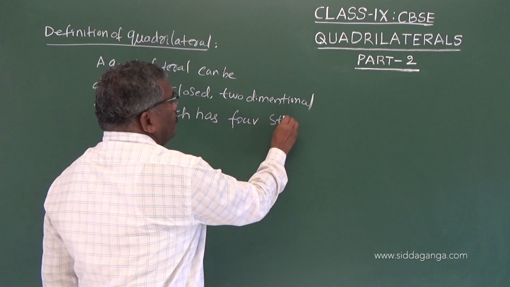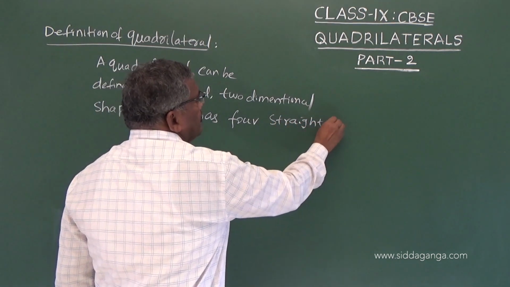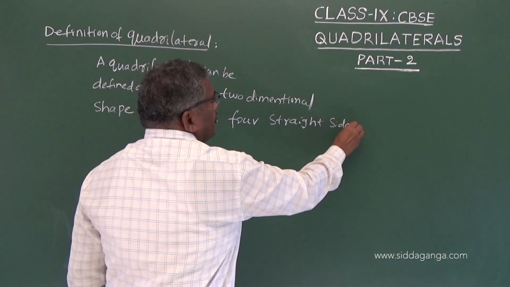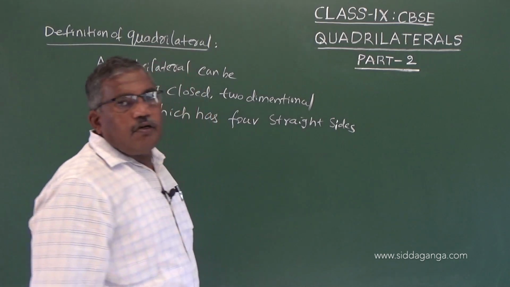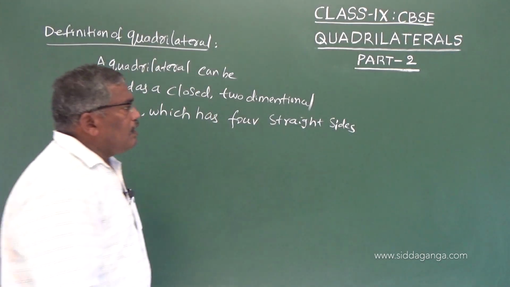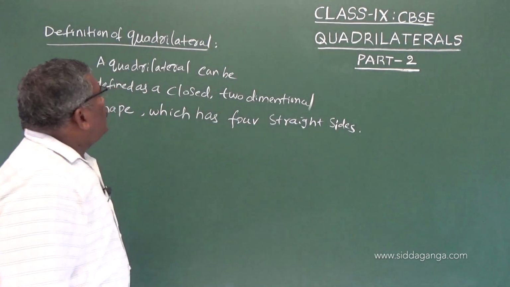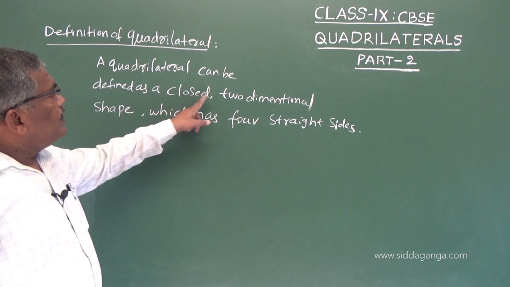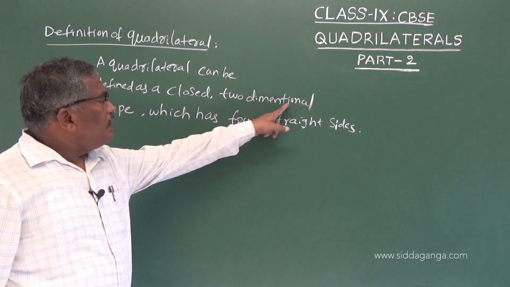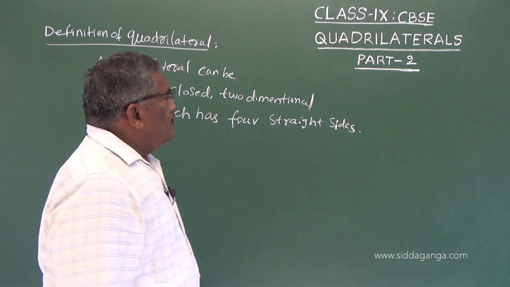This is important. Straight sides. If they have curved sides, it cannot be a quadrilateral, because a figure which has a curved side is not a polygon. So a quadrilateral can be defined as a closed 2-dimensional shape which has 4 sides.